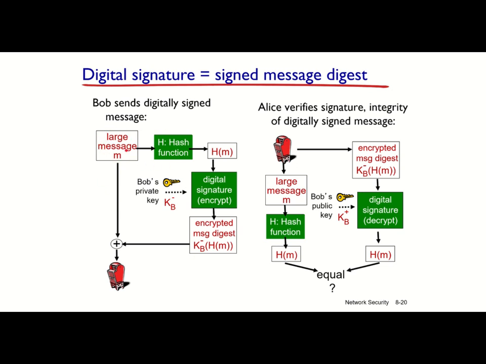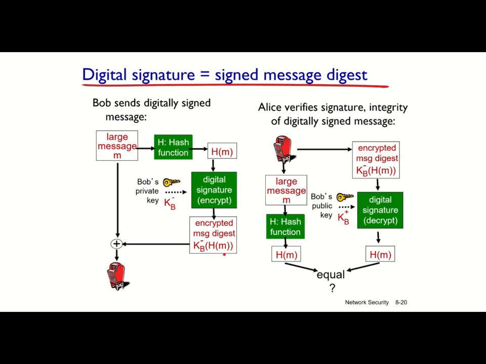We have a large message like m, and we apply the hash function h to it to create h of m. It's a fixed length, smaller piece of information. And then we use Bob's private key to encrypt the hashed message, the message digest, and this will give us a signed message digest.